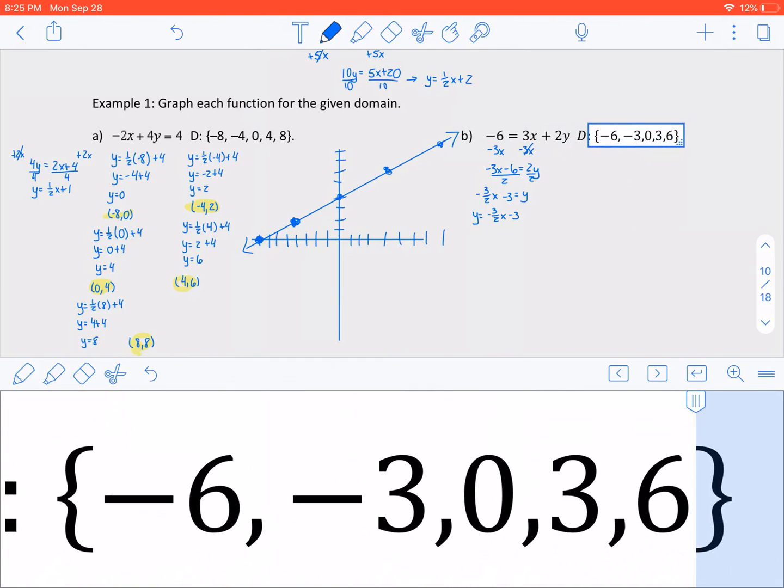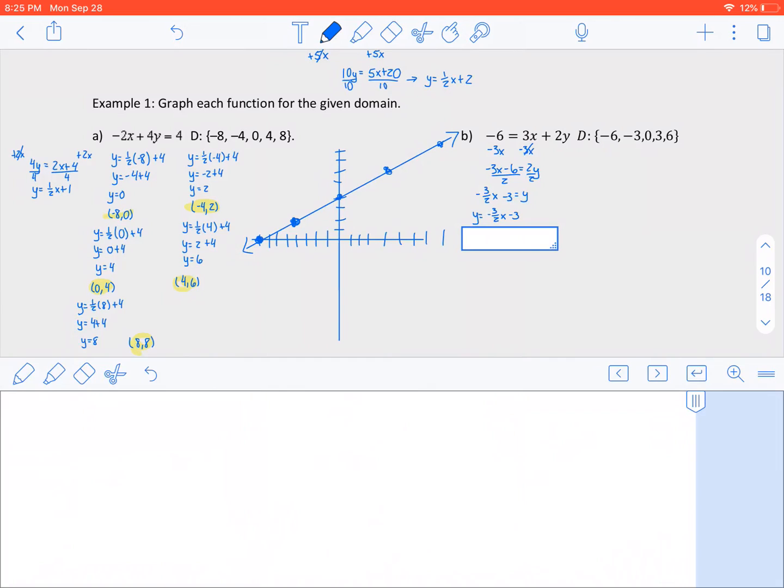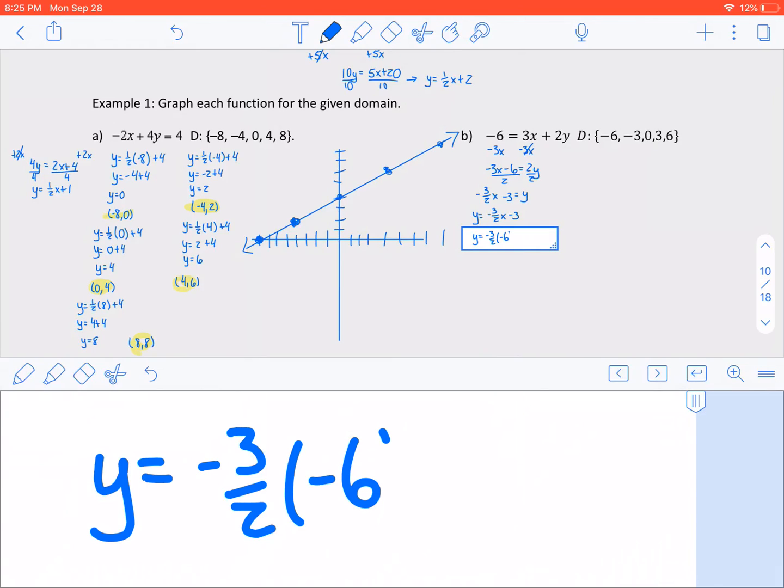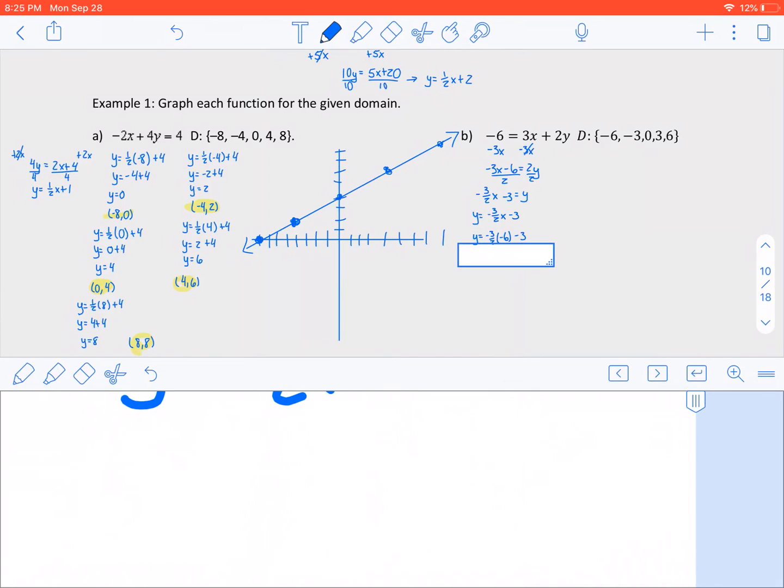All right, we're going to do the same thing, plug in these numbers. So I go y equals negative 3 halves times negative 6 minus 3. Y equals negative 6 times negative 3, I apologize, is positive 18 divided by 2 is 9 minus 3, y equals 6.